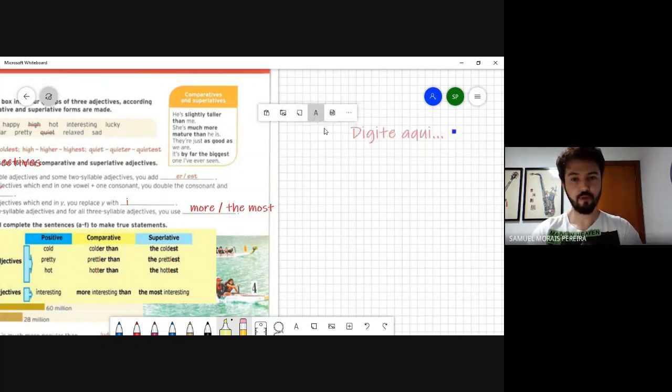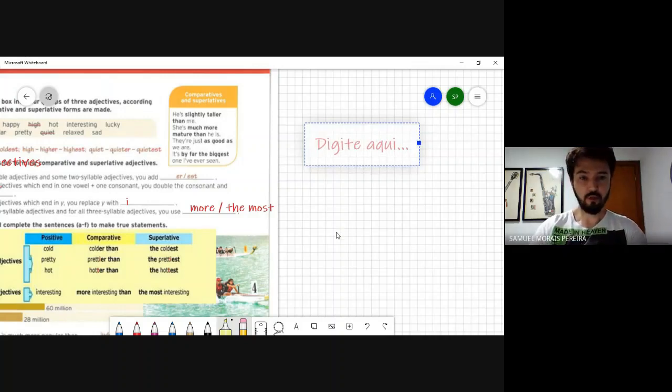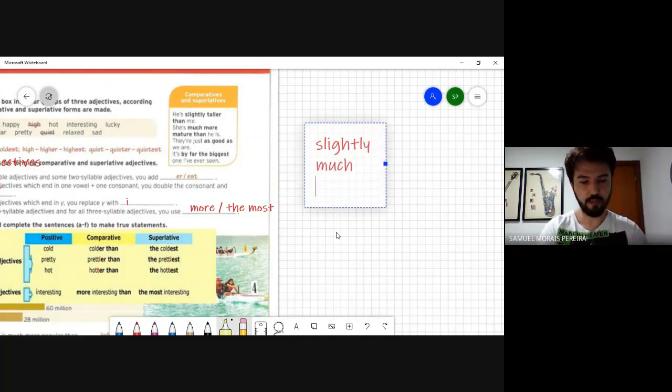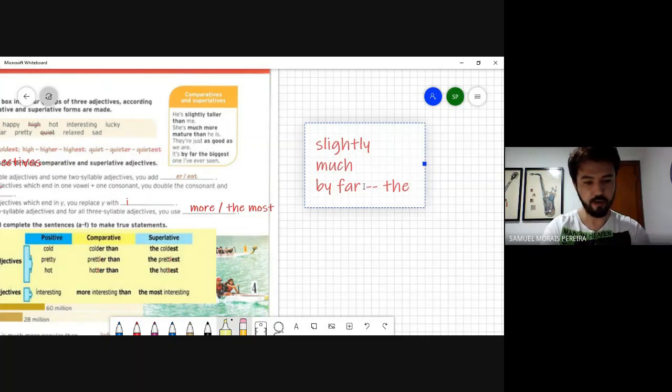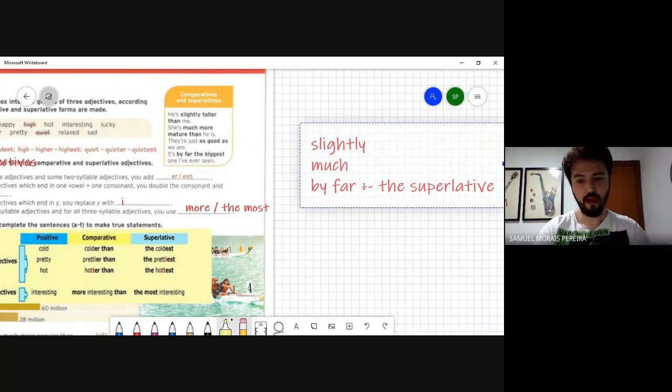So we can use the word slightly, the word much, and the expression by far com comparativo e superlativo, okay? O by far is used with the superlative, okay? And by far significa de longe, de longe.